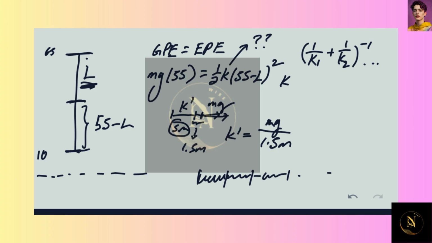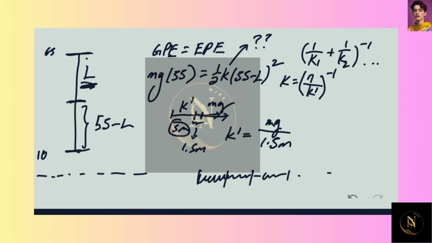So this implies that our k can be written as taking a total of n numbers of 5 meter cords, with the spring constant k prime, inverse.